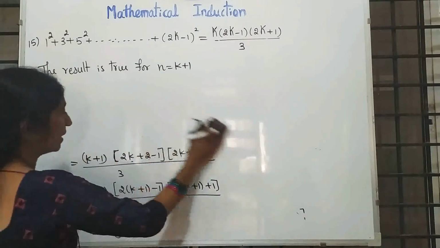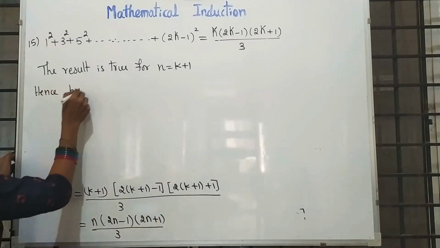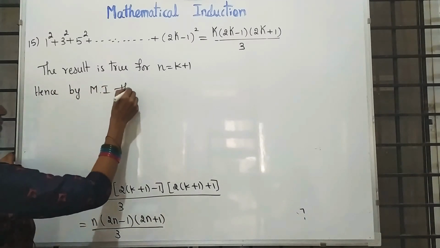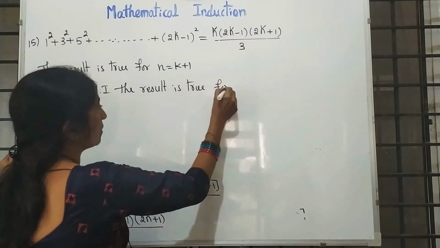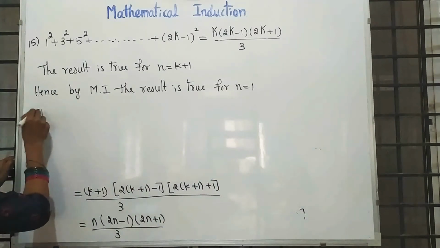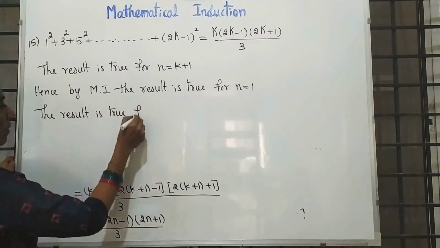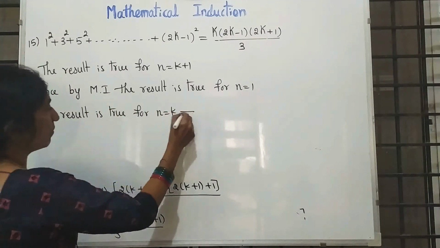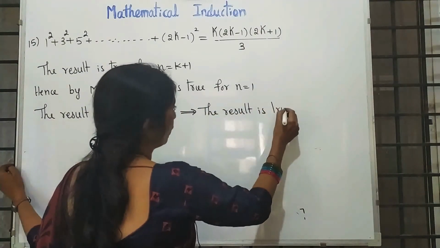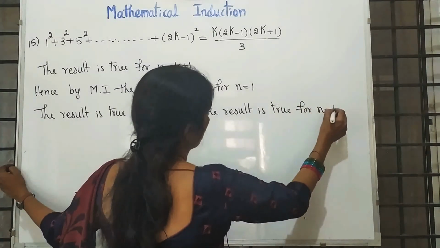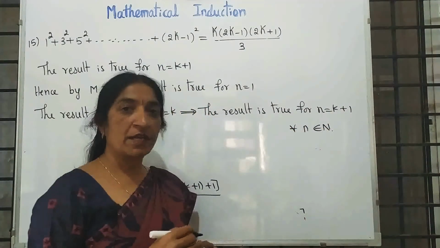Hence, by mathematical induction, the result is true for n equal to 1, and the result being true for n equal to k implies the result is true for n equal to k+1, for all positive integral values of n. You can write like this.